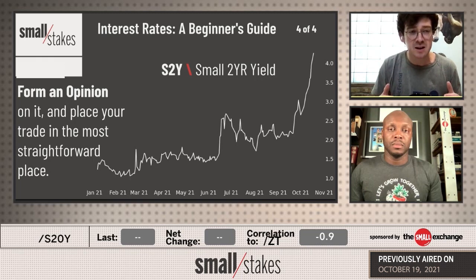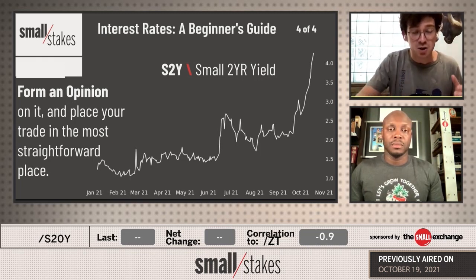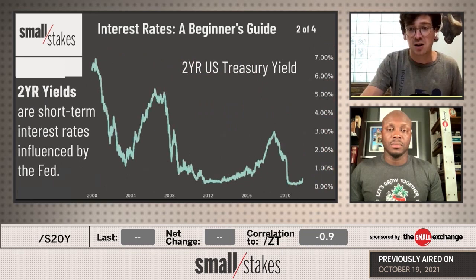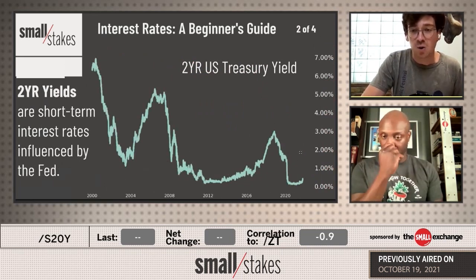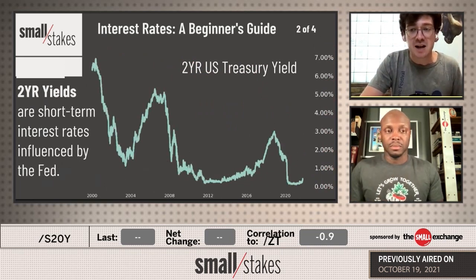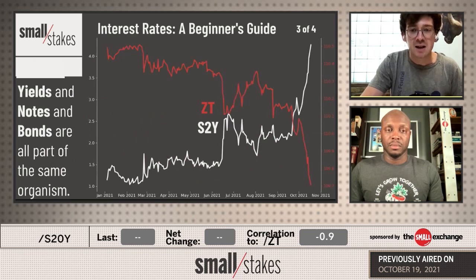If you think that this trend is going to continue and that the Fed is likely to hike a few times in the next couple of years, and that we're going to get back to this place, going back to this chart, of 1 or 2 or 3% in the next little while, then buy the futures and just see how it feels. It's only going to move $10, $20, $30 in a given day.